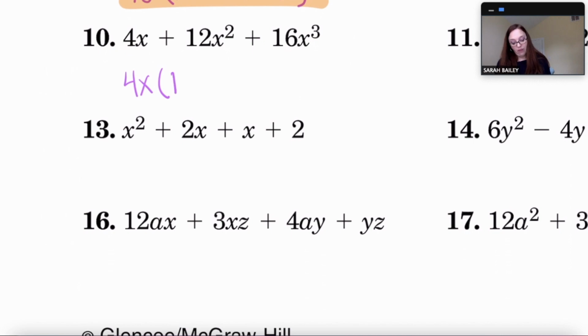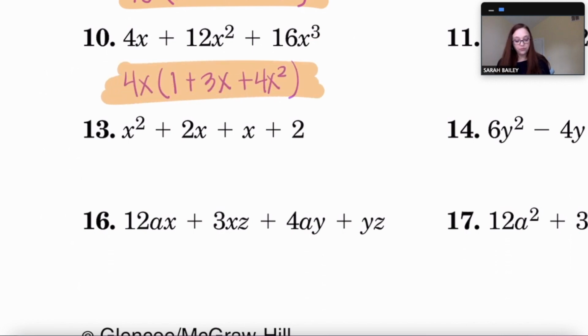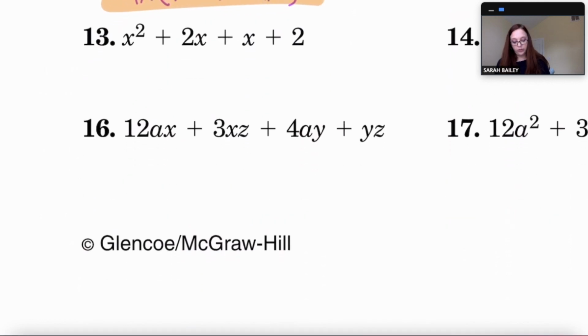If I factor a 4x out of 12x squared, that leaves me with 3x. And I'm going to take a 4x out of 16x cubed. That's going to leave me with 4x squared. That's it.